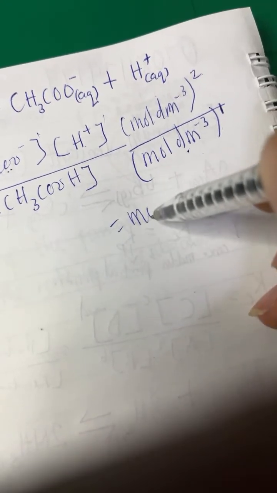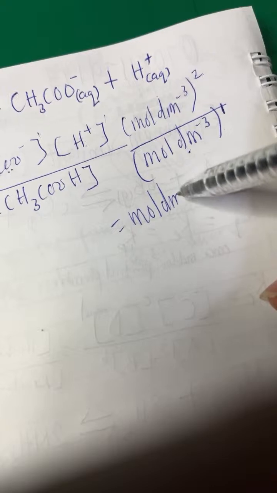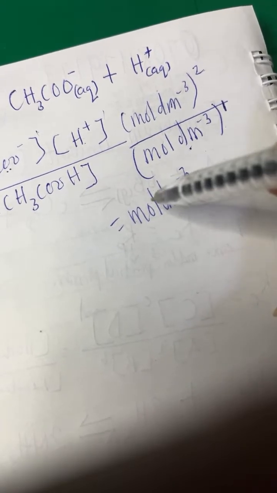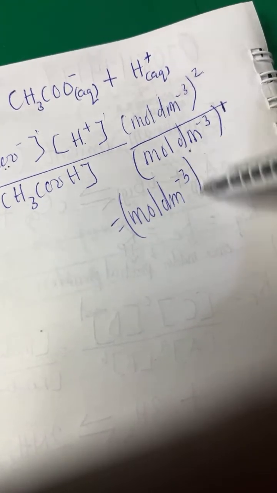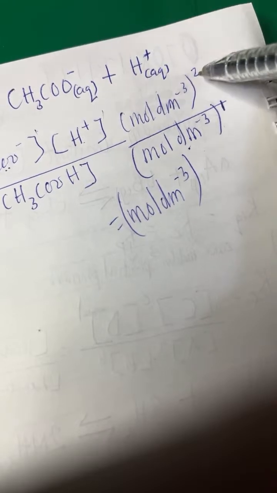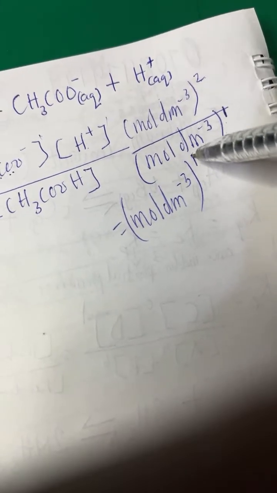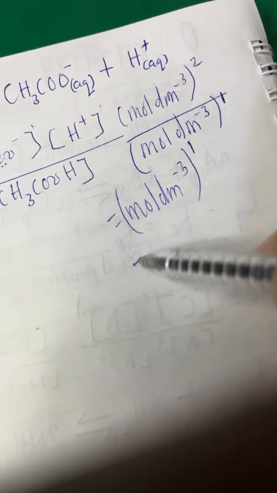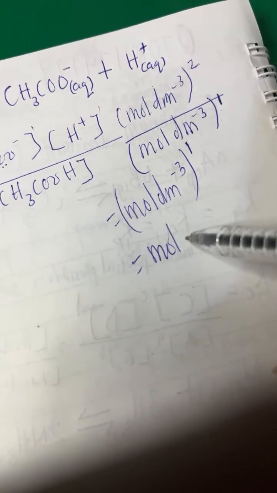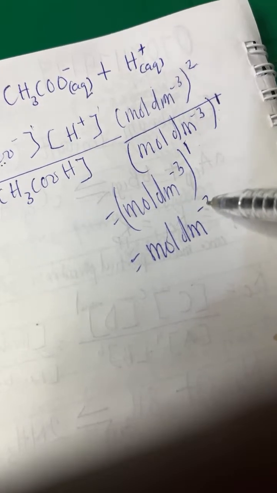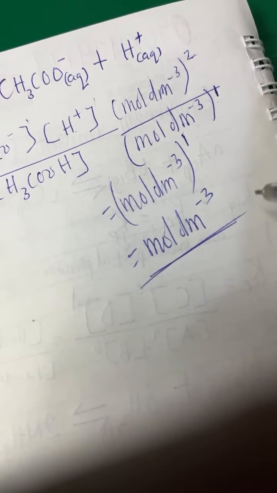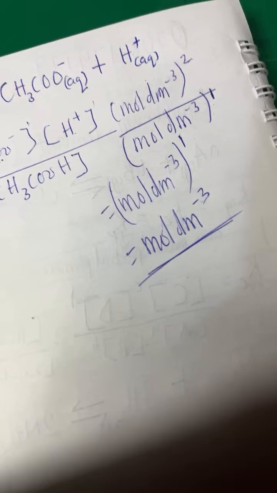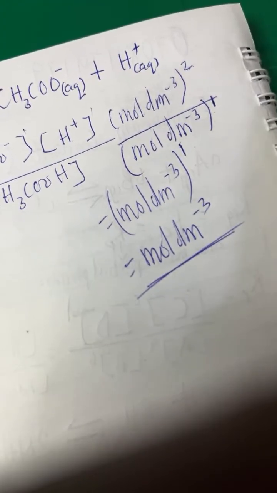You pick one base and subtract the powers. The base is mole per dm cube. If you subtract the powers, 2 minus 1, you get 1. So the final answer, the unit, is mole per dm cube. Very simple. Do you understand?